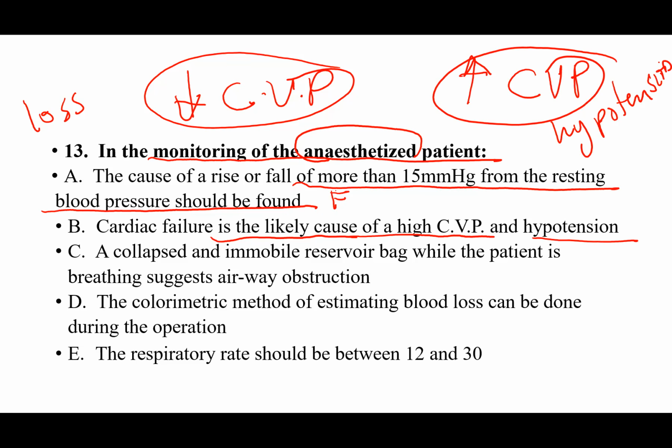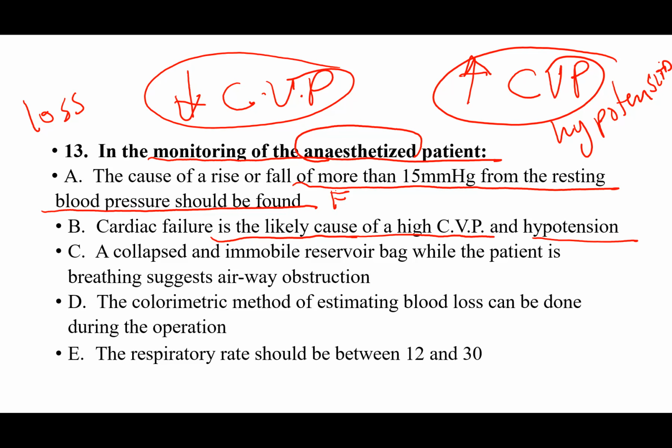Clear or confusing? Can you explain it again, please? Okay. A central venous pressure, ideally, tells you the volume of the blood the heart is accumulating. Ideally, it's a measure of that.